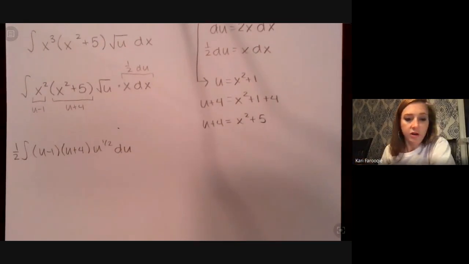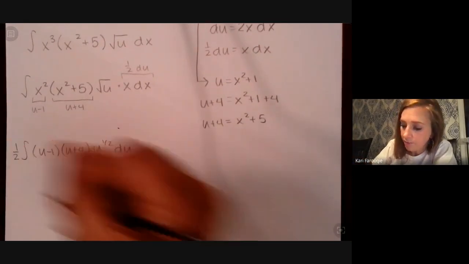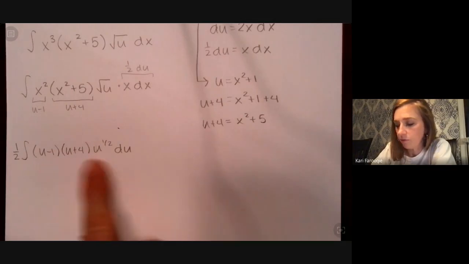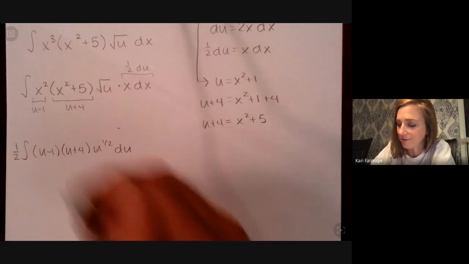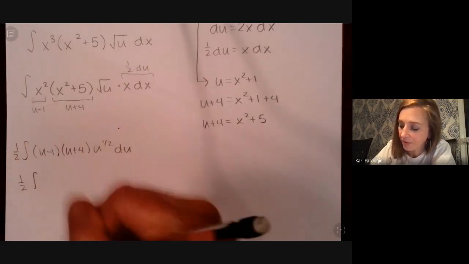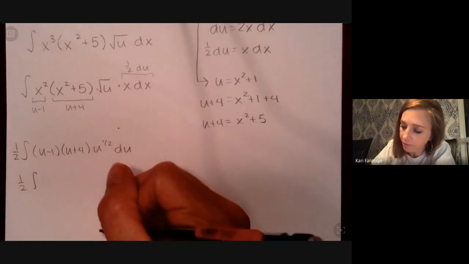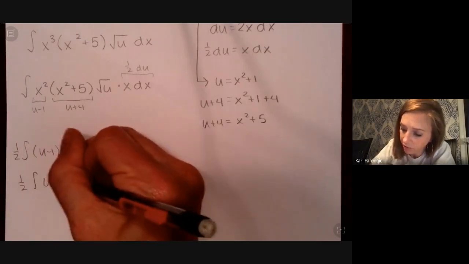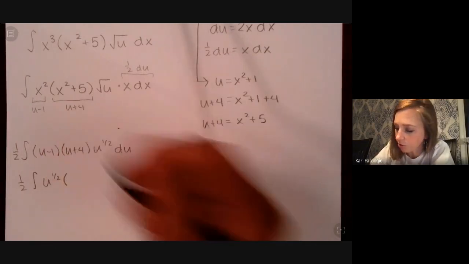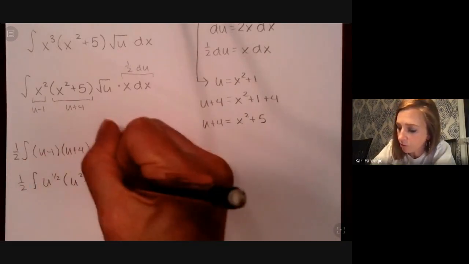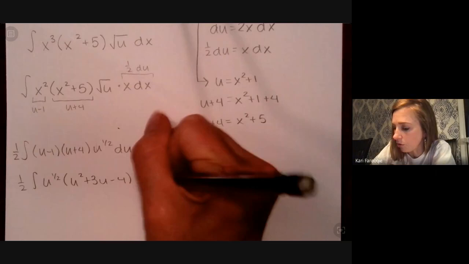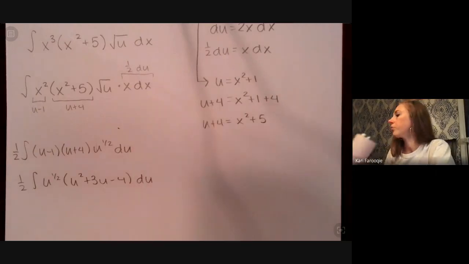All right, let's simplify as much as we can and then integrate, because this right now we can't work with. We don't have a product rule, and I can't just take the integral of each factor. It doesn't work that way. Okay, so I'm going to FOIL here. I'm just going to move this 1/2 out front because it'll just look better there for me. u squared plus 4 minus 1 is plus 3u minus 4 du.